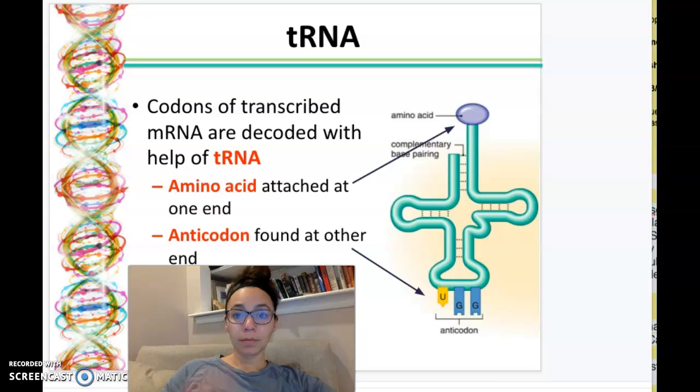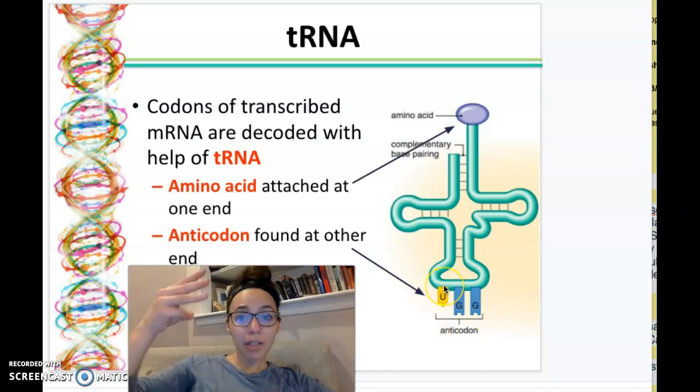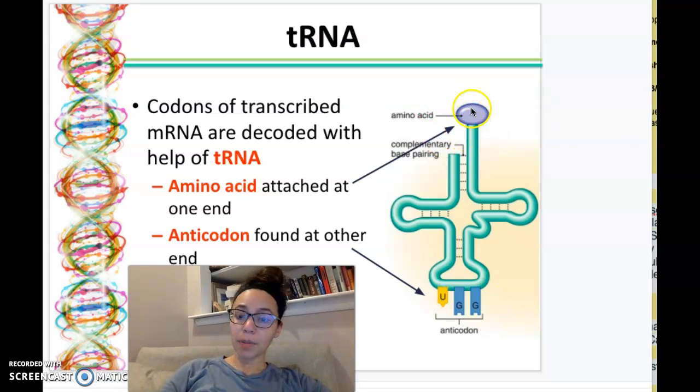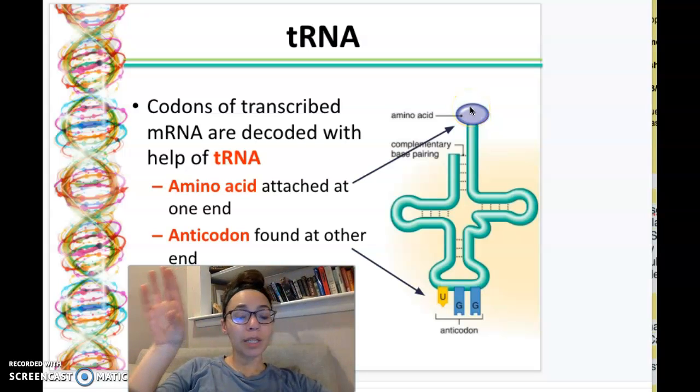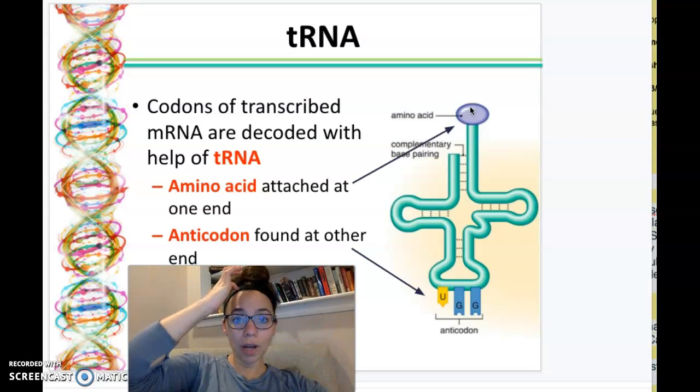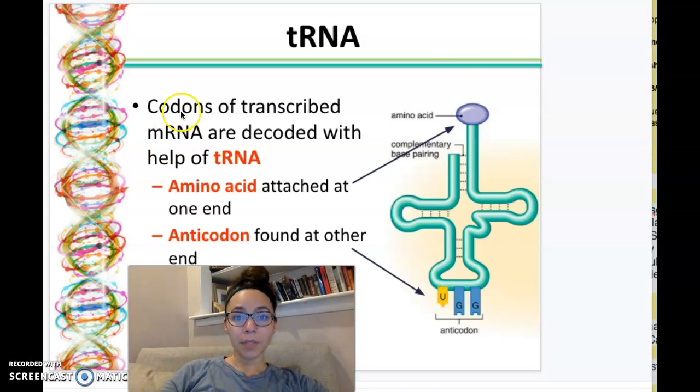Okay? All right, now let's take a look at how this works. So remember I mentioned tRNA a few minutes ago. This is an RNA molecule that has an anticodon at the bottom that matches up to the codon on the RNA. And it has an amino acid at the top, different amino acid depending on the codon. So that's how it knows to bring a specific amino acid to the ribosome based on the codon that it's reading on the RNA. Okay, so codons of transcribed mRNA are decoded with the tRNA molecule.